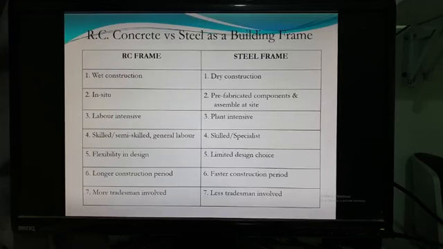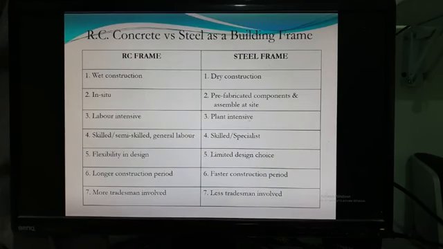RC frame is labor intensive, meaning that we need a lot of people to work on the concrete, especially in terms of batching the concrete, putting it into location, working the concrete along the crevices of the formwork. So we need a lot of labor, and then finishing the surface of the concrete.